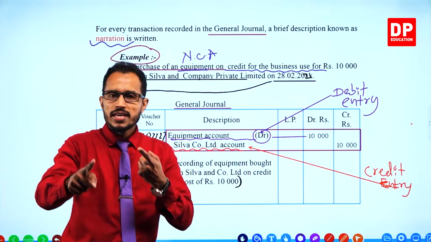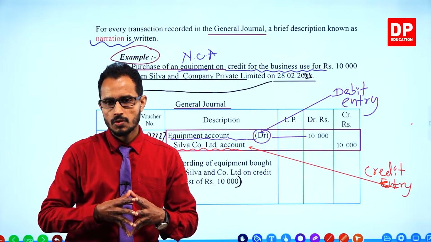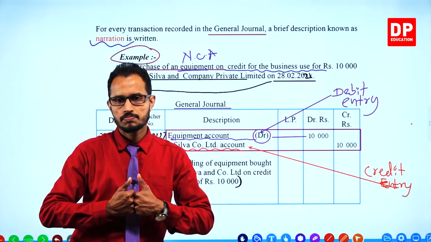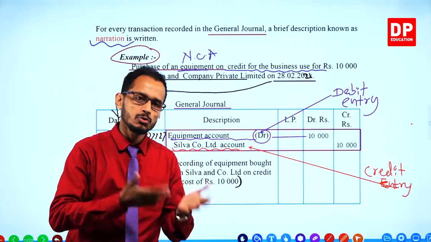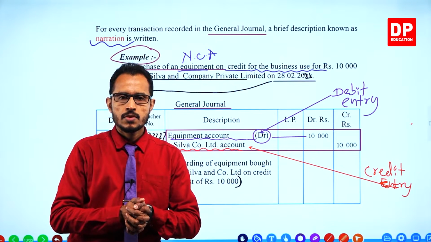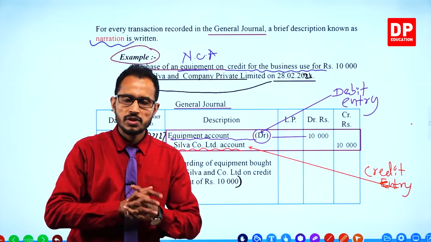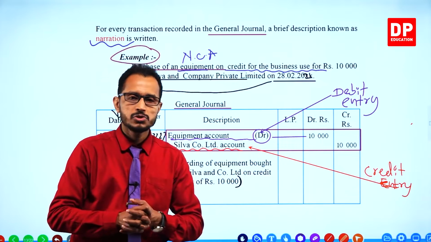From this area, questions have come in past papers. What is the use of prime books? Why are they used in a business? There have been questions in your past papers. If you have the past paper books, you can check.